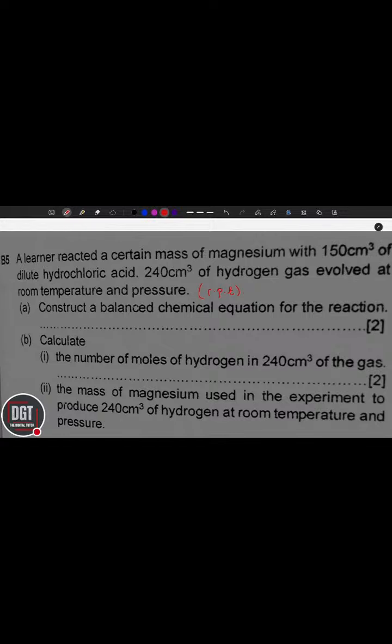Construct the balanced chemical equation for the reaction. I can see already Smith has constructed the chemical equation, so let us just confirm if it will tally with what we are going to write. What I'm asking is also to be ahead of us, calculate and answer the question so that we can move at the same pace. In constructing the equation, you are going to take note of what is reacting.